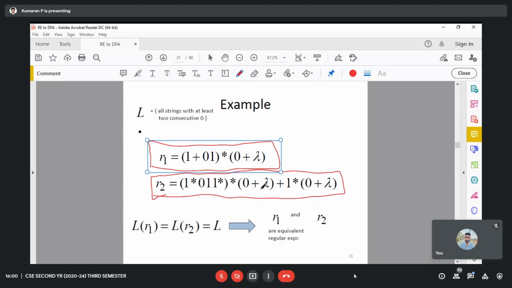Both will produce the same language. What language? See here, all strings with at least two consecutive 0s. Is it true? Can someone tell me the strings of this language?